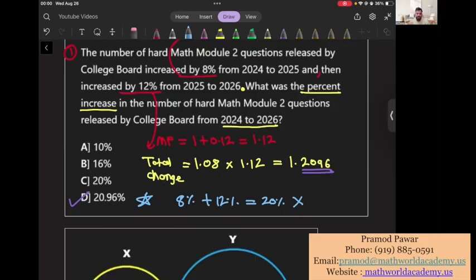Remember, percentages can never be added or subtracted, because anytime you make a percentage change, the value changes. And the next percent is applicable on the newer value. That's why please remember, do not add and subtract the percentage change. Just find the multiplication factor for each of them and then multiply. Okay, so that's how you solve the first problem.